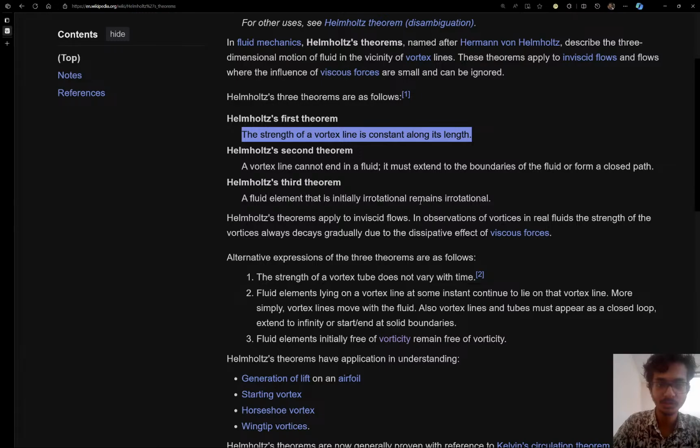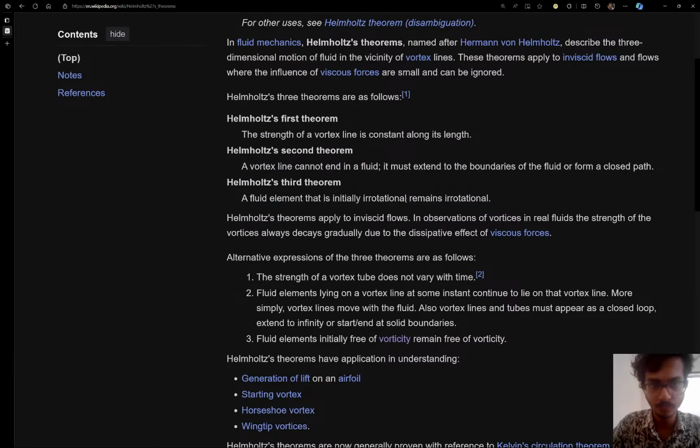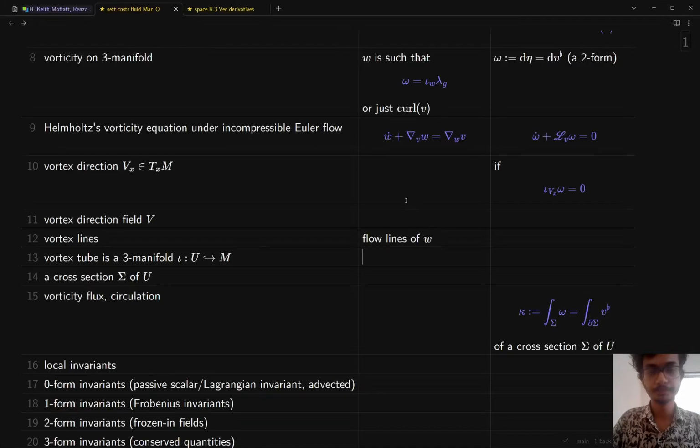So Helmholtz theorem, I am picturing it in this way. Ideal fluids never allow mixing of irrotational and rotational pieces, which are initially separate, and they will flow in that way. They will never mix. So if I start with the flow lines of V, I will never start from a rotational piece and go to another.